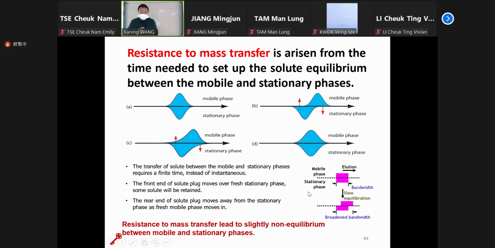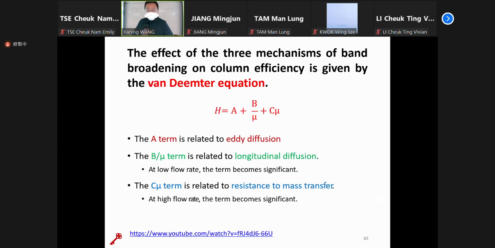So resistance to mass transfer leads to slightly non-equilibrium between mobile and stationary phases. When scientists consider the mechanism, they find three independent relationships.